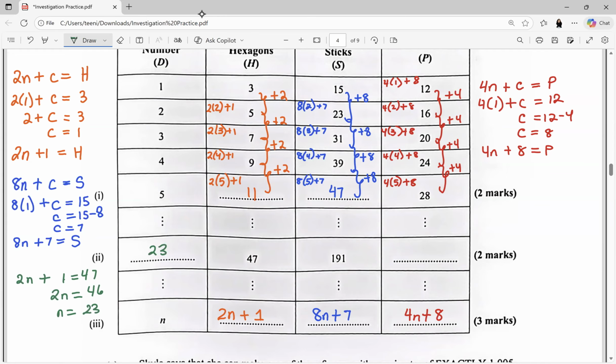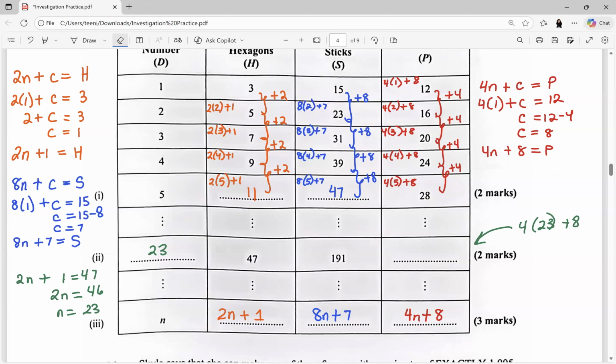And I could also figure out what the parameter is because I know the rule is 4 times n plus 8. So 4 times the diagram number plus 8. So this would be 4 times 23 plus 8. So 23 times 4 is 92 plus 8 is 100.